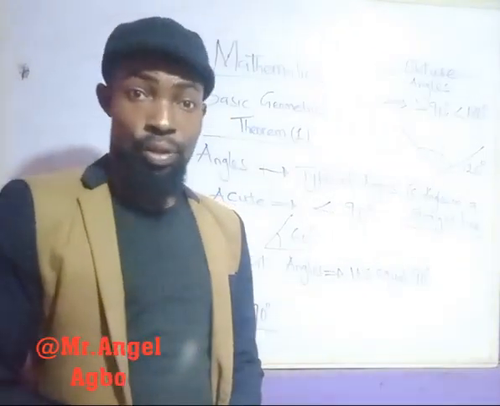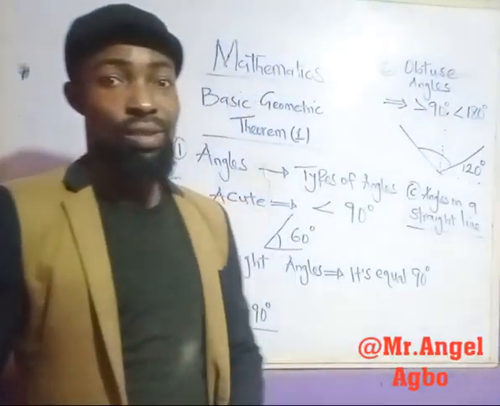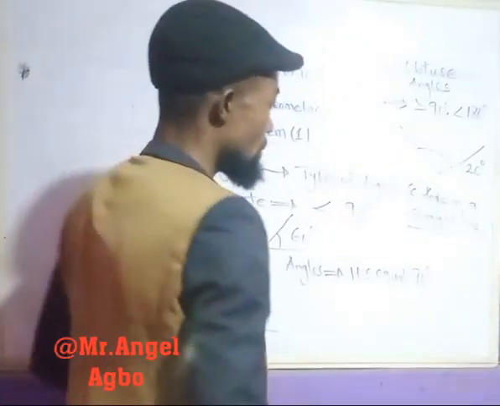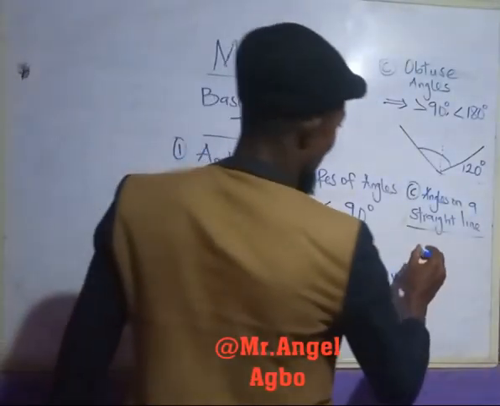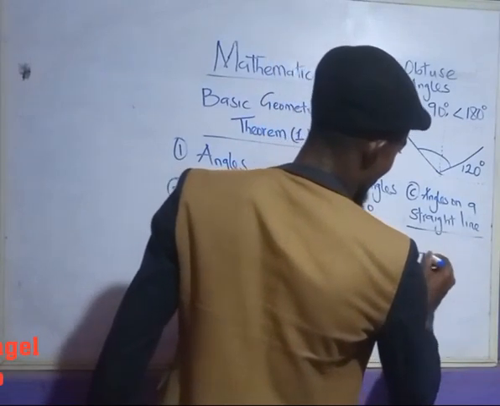Remember, 90 plus 90 is equal to 180. So angle on a straight line is equal to 180 degrees. So angle on a straight line is like this.